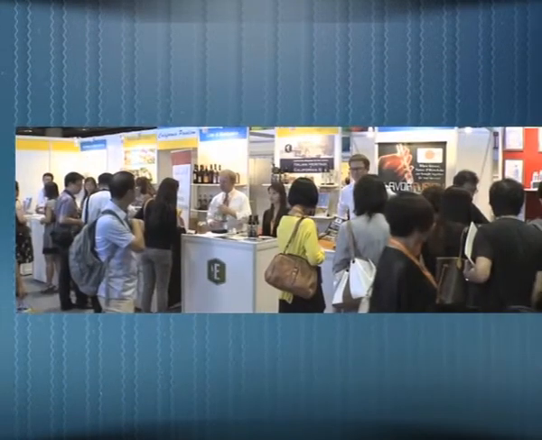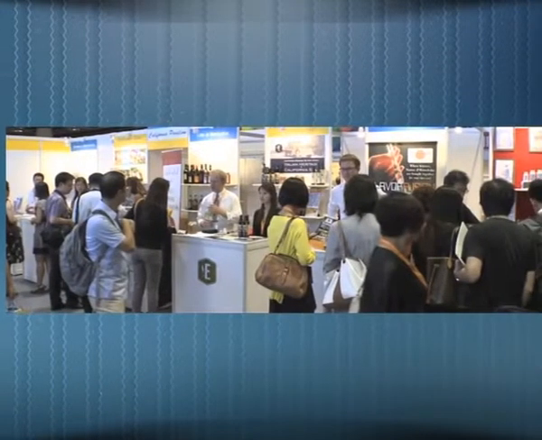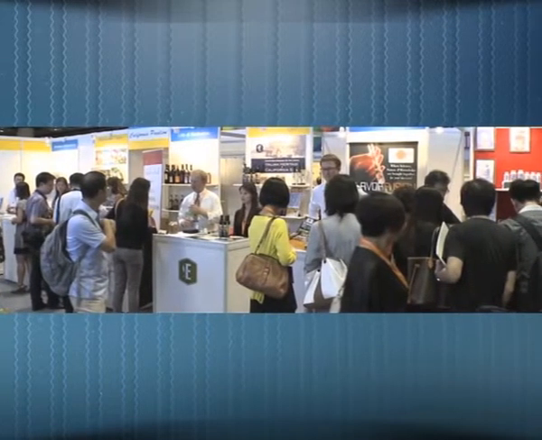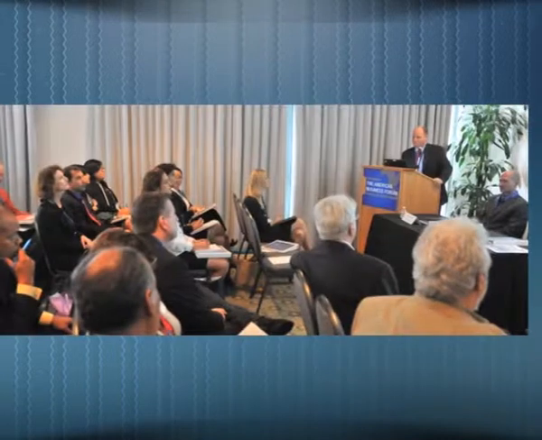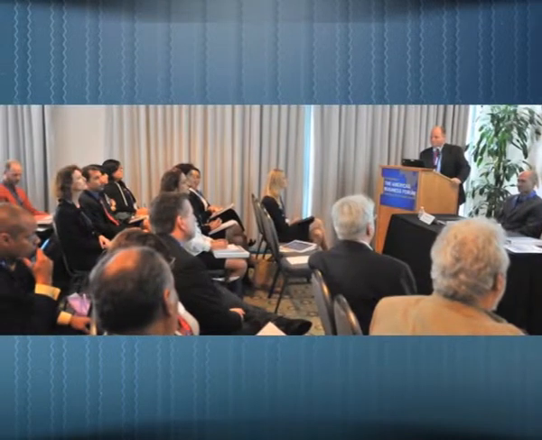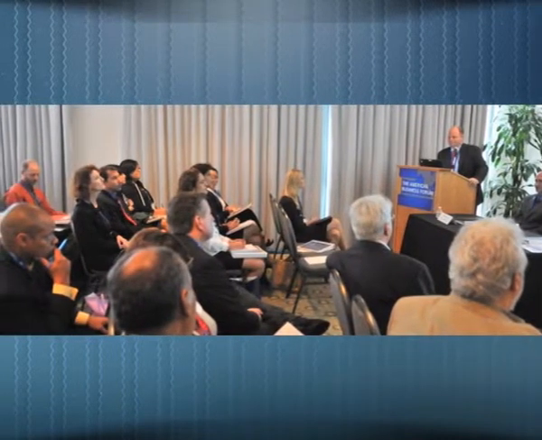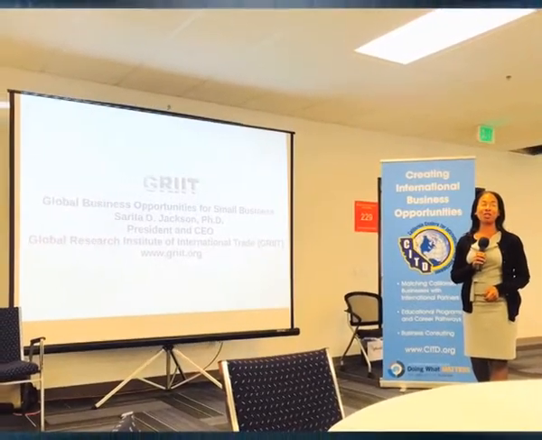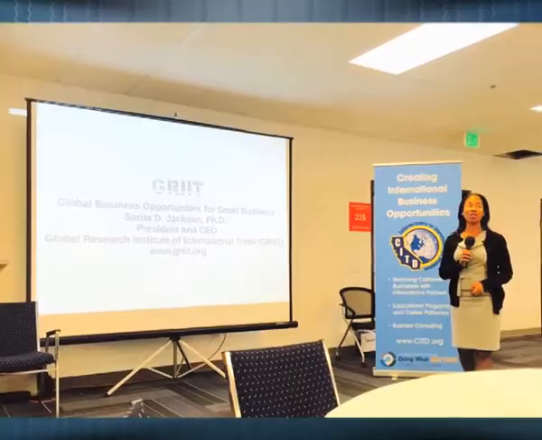Each CITD is hosted by the local community college and provides a variety of free or low-cost programs and services to assist local companies in doing business abroad. These include one-on-one technical assistance and consulting, market research, training and educational programs, trade leads and special events.